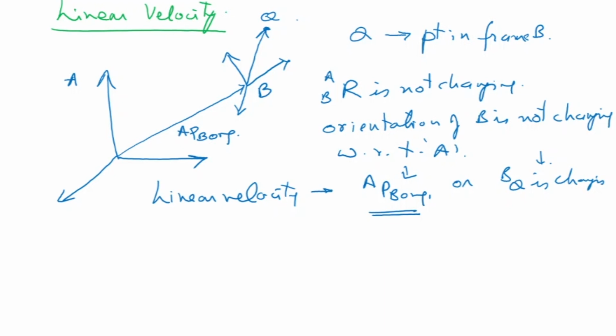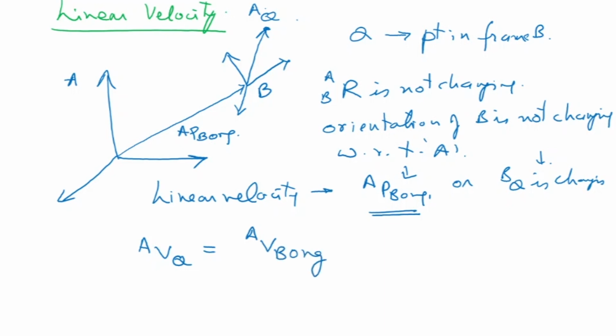Okay, so solving the linear velocity of point Q in terms of A is very simple. We just express both components of the velocity in terms of A. So let me write in terms of A. The velocity of the point Q in terms of A is equal to the velocity of the origins, APB ORG.